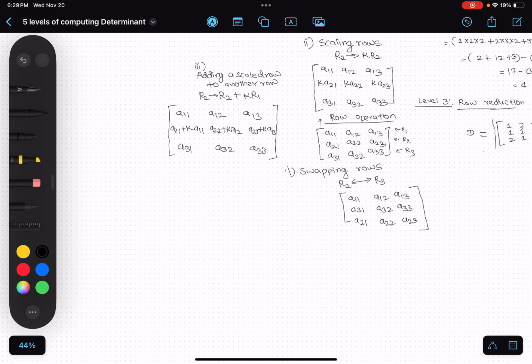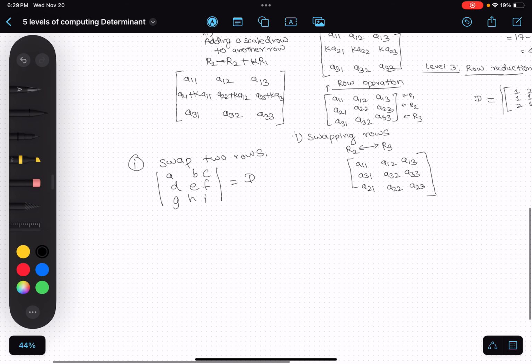About this you can experimentally verify, or you can just go with the formula and then verify it. Now whenever you swap two rows, let's say the determinant of A B C, D E F, G H I was D. Now if you swap the second and third row, but notice that swapping rows means swapping immediate rows.